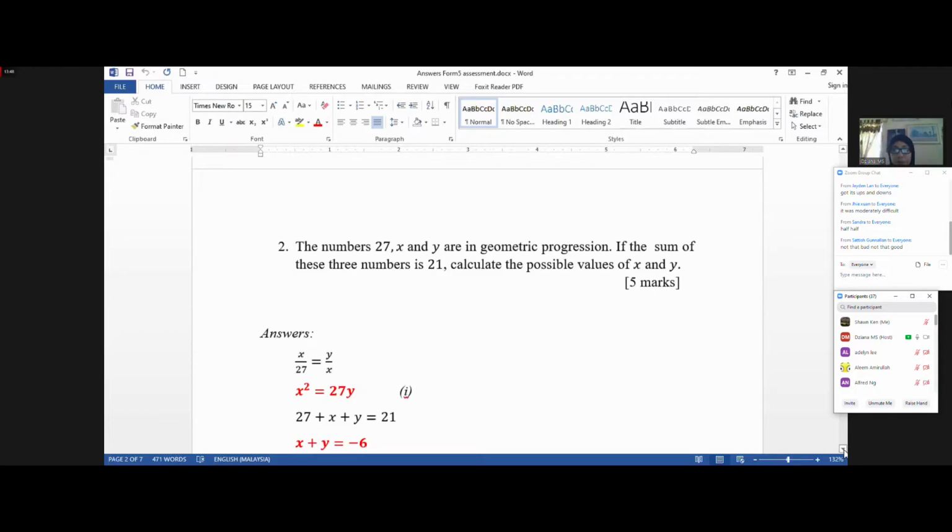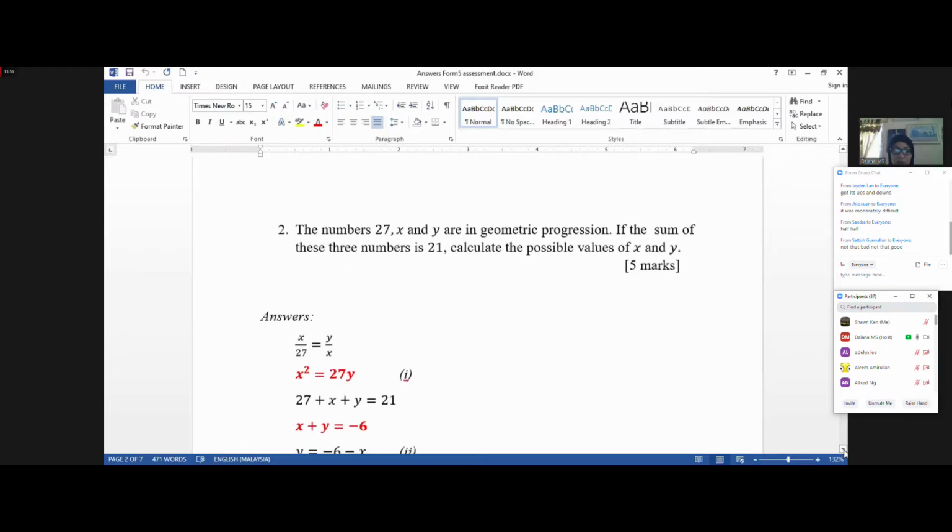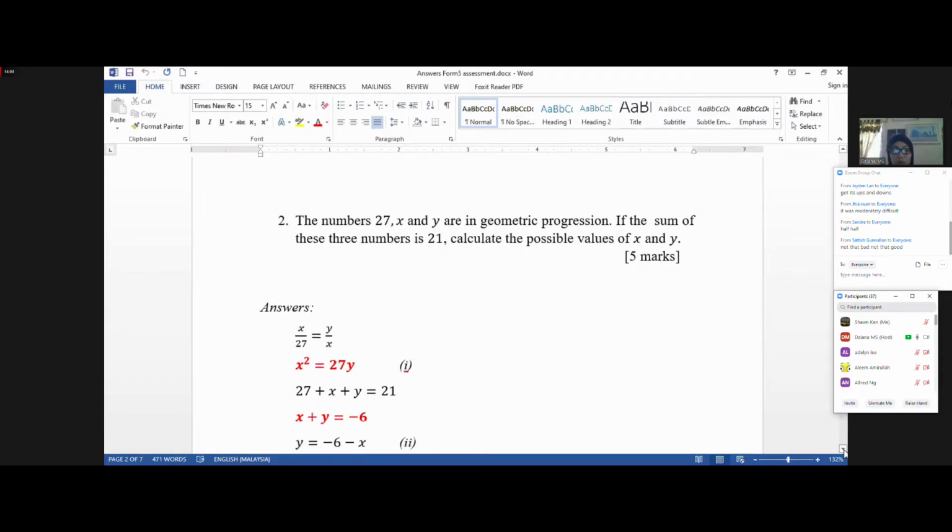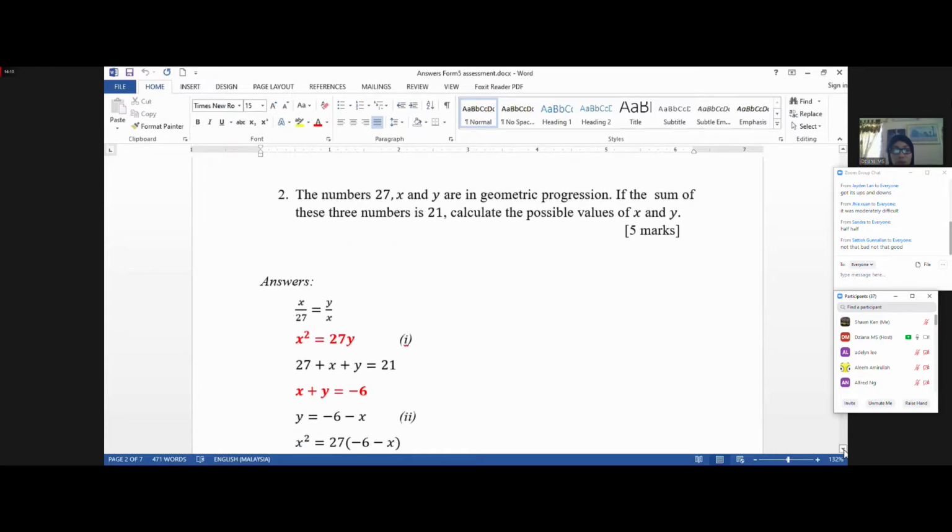Once I have 2 unknowns and 2 equations, I can solve by simultaneous equations. I make x or y the subject. I choose to make y the subject. So y equals -6 minus x, and substitute into the first equation.